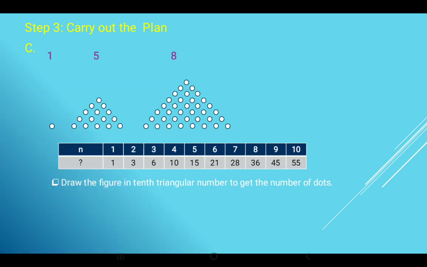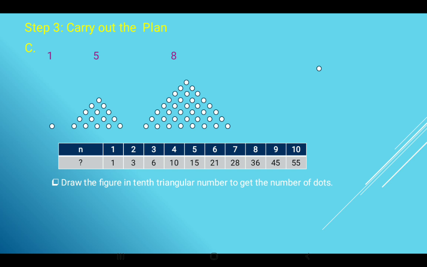Next, in letter C. So, sa letter C, nakikita natin yung figures sa first term, fifth term, and eighth term. So, dito, draw the figure in the 10th triangular number to get the number of dots. So, 1 dot.